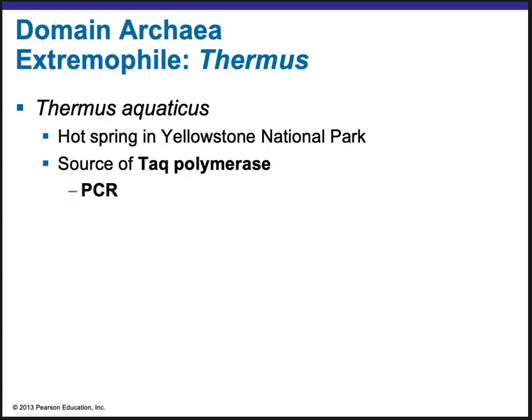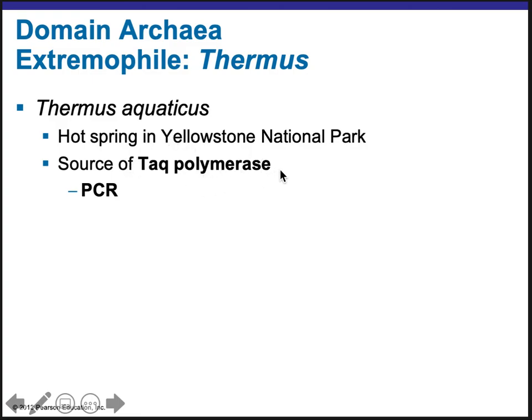And Taq polymerase, named after Thermus aquaticus, because this Thermus aquaticus grows in hot springs, its polymerase is able to function under extremely high heat, right? And so the whole process of PCR rests upon Taq polymerase, right?